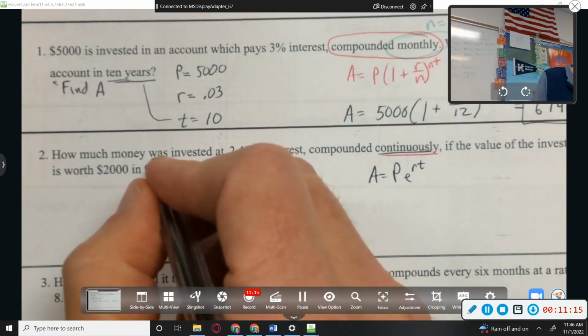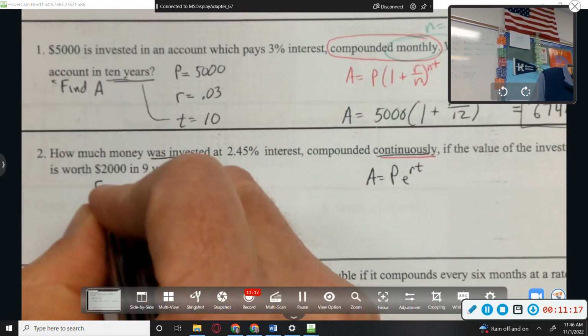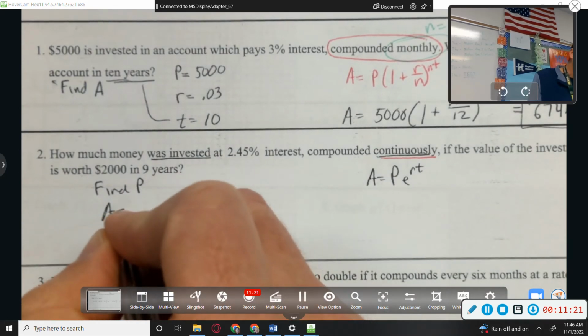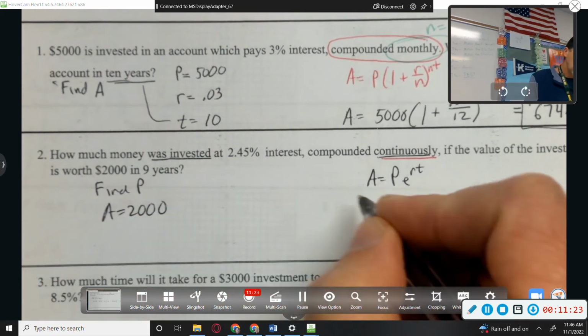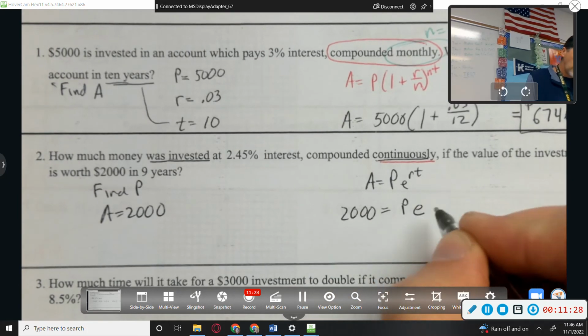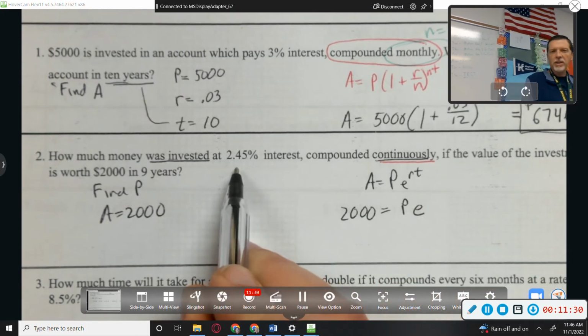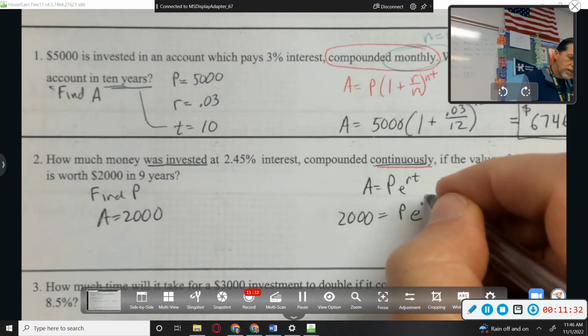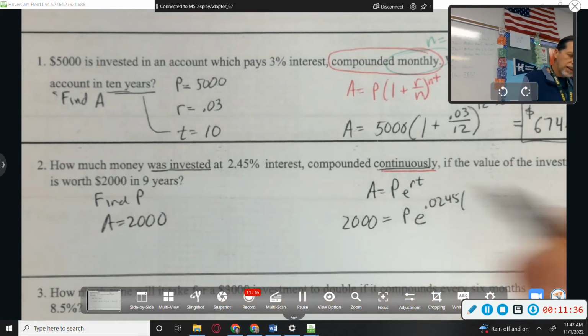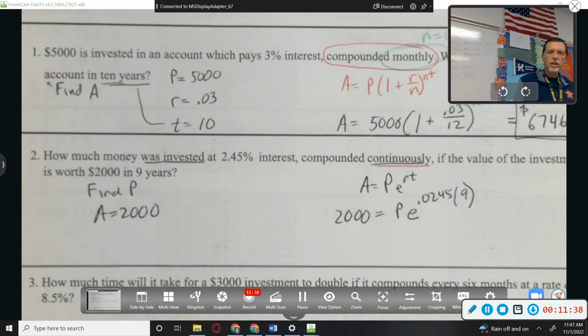How much money was invested? So we're finding P. And A, the after, is 2,000. So 2,000 equals P e to the r, be careful, 0.0245, 9 years later, times 9.